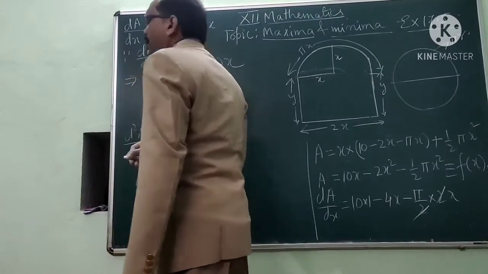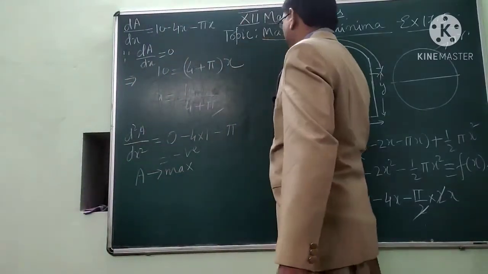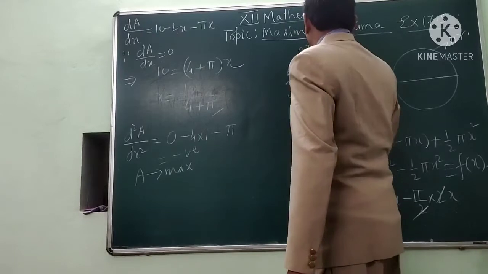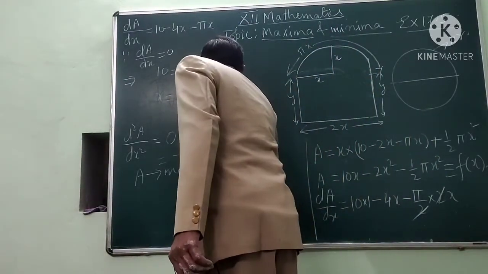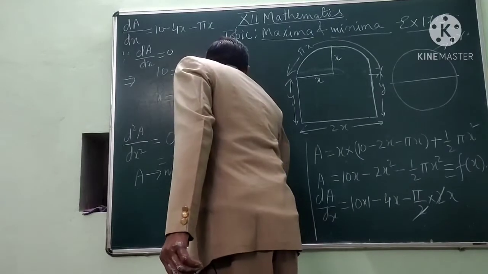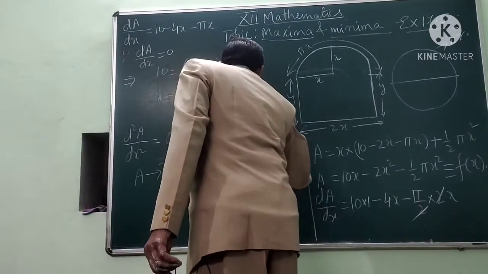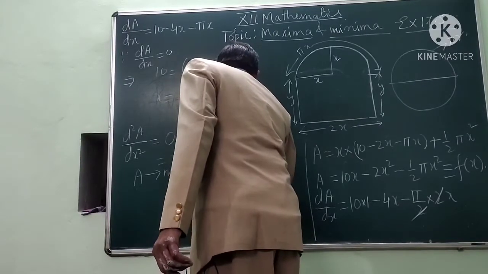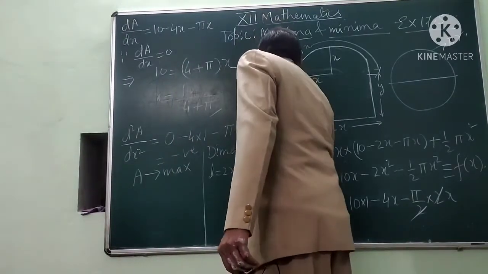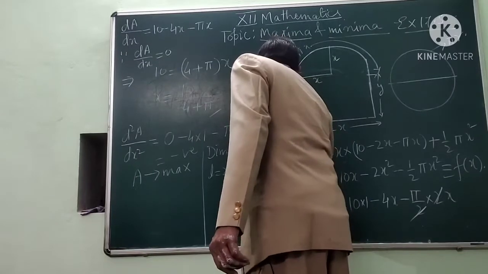Area of the window is maximum. Now we will find the dimension. So dimension of the window: first, length equals 2x, which is 20 upon 4 plus pi.